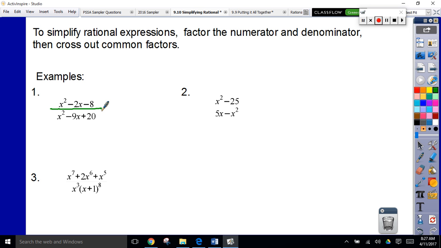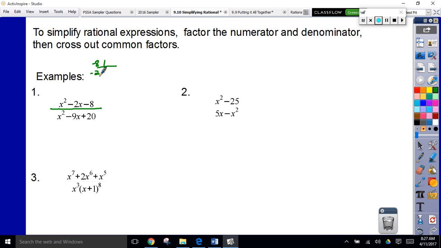To simplify rational expressions, what we do is we factor the top, the numerator, and the denominator separately, and then we cancel out common factors. So if we look at the top of this example, we can factor this using our little tic-tac, which I'll just write up here on the side. -8, -2.